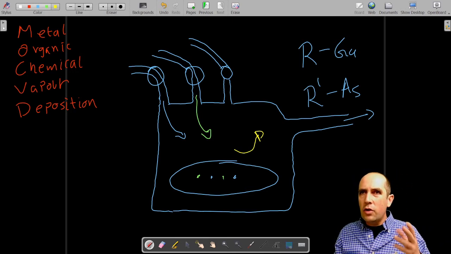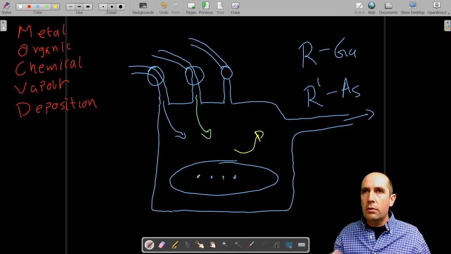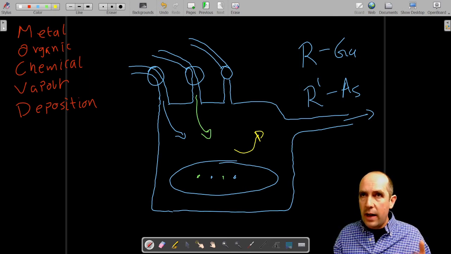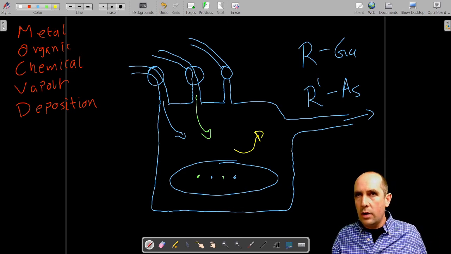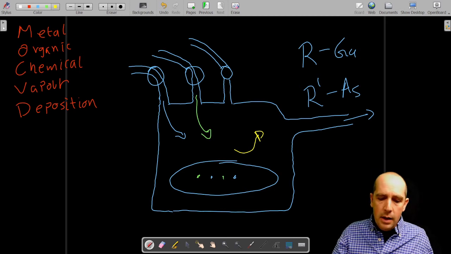So it's not all that different in the sense that you grow layer by layer. You can dope. You can make alloys. You can make complicated structures just like in MBE. It's just that it's faster and although the crystals are not quite as good in quality as the ones you can get from MBE, the truth is you can really do very, very well with one of these reactors, and this is the way many of the devices we use every day are made.